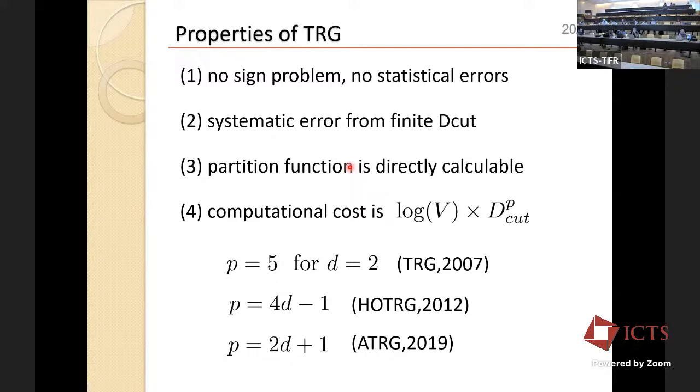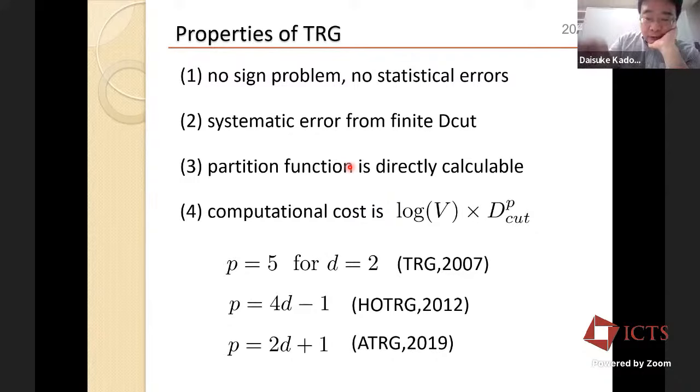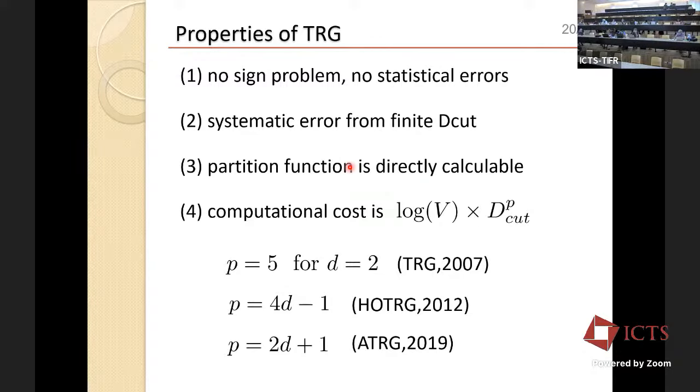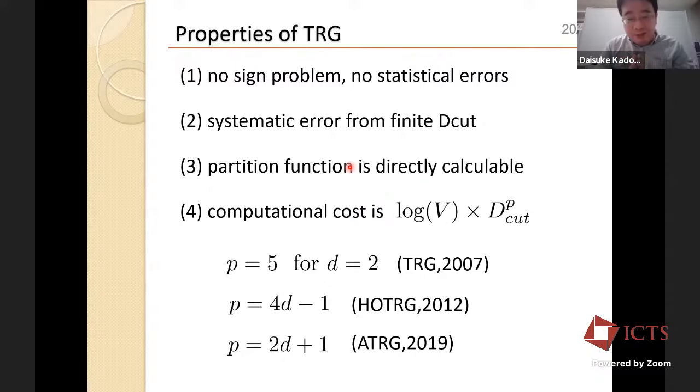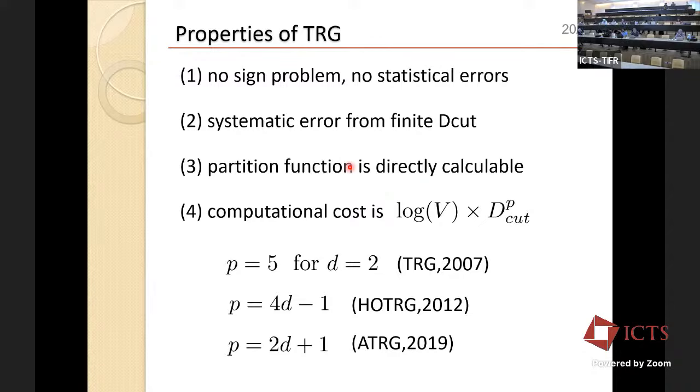Maybe in principle it's possible, but is there some practical difficulty? Yes, it's possible.